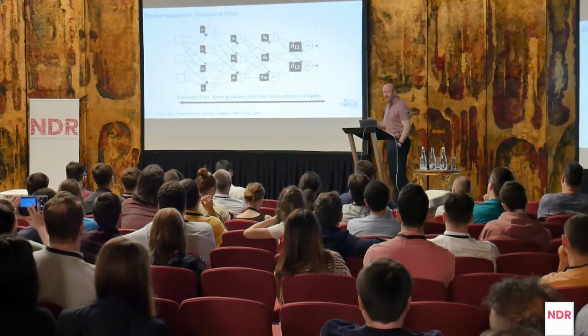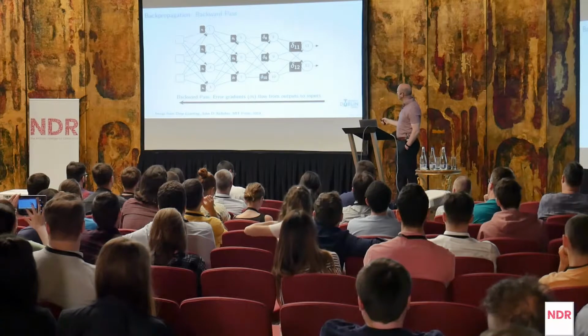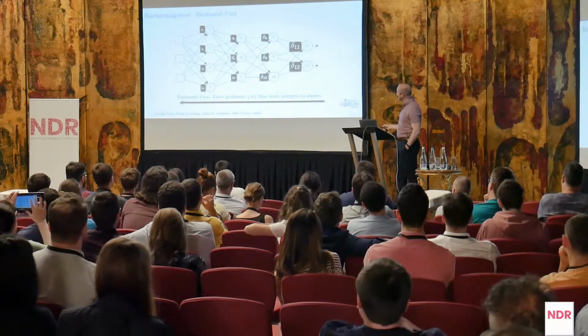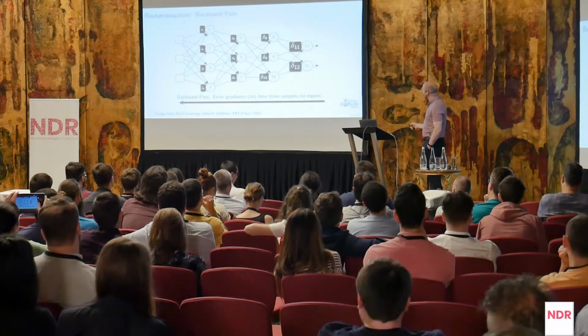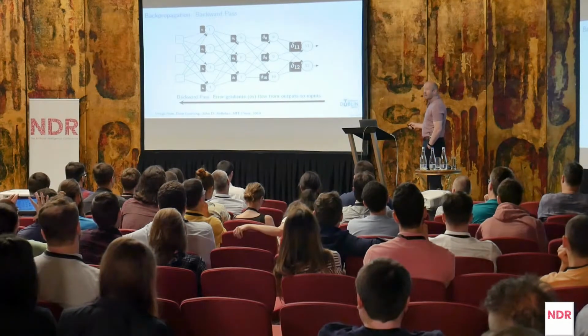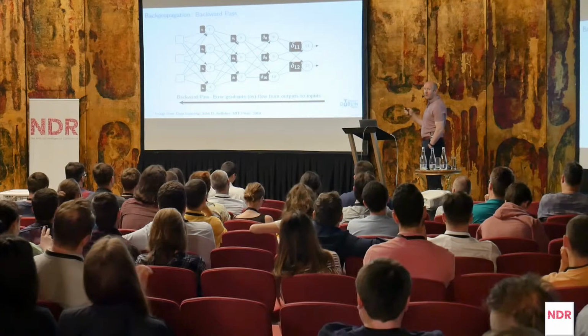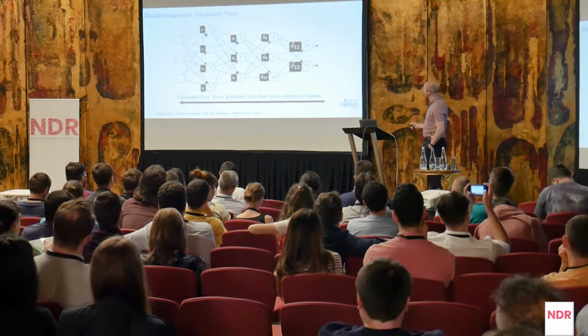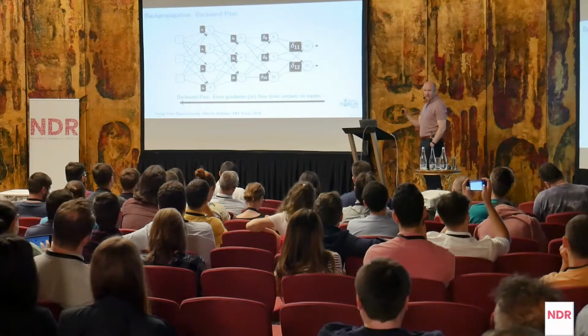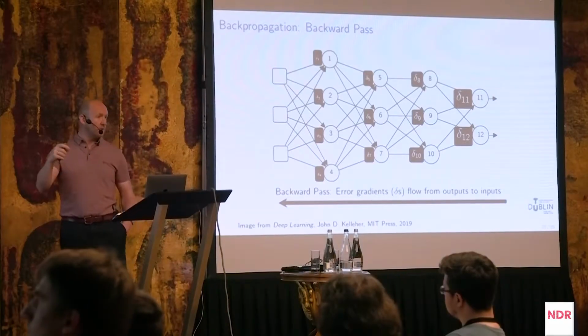What I'm showing you here is the backpropagation of the deltas. There's a delta for each neuron, the rate of change of the error of the network with respect to the weighted sum of the neuron. You'll see that they're getting smaller as we go back. That's what we refer to as the vanishing gradient problem.